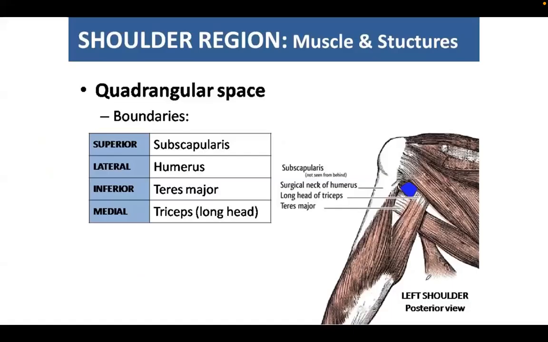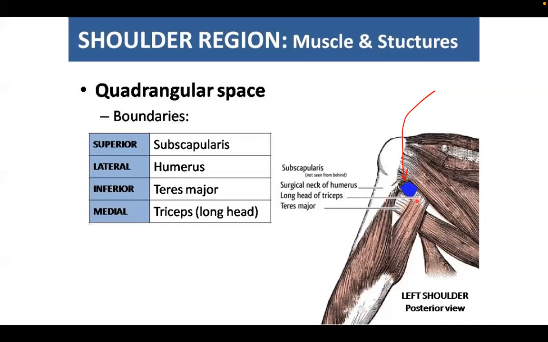Now, do you remember this blue structure here? This is known as the quadrangular space, bounded superiorly, not seen here, by the subscapularis. Laterally, we have the humerus. Inferiorly, right here, this is the teres major.